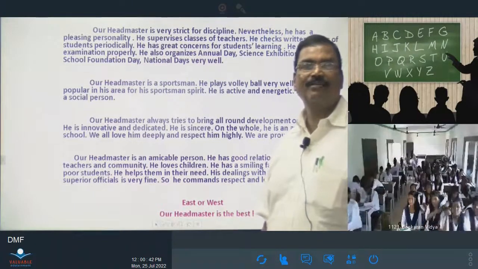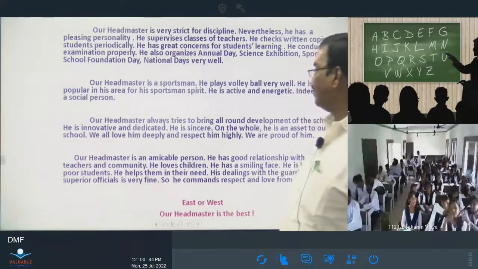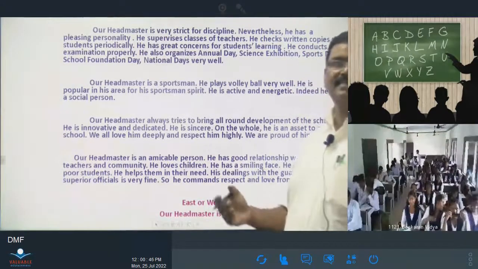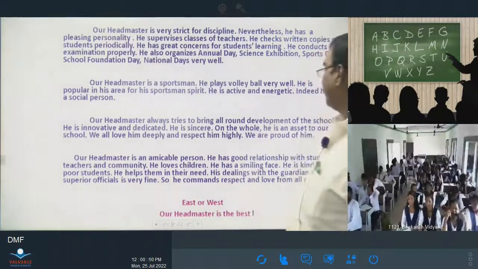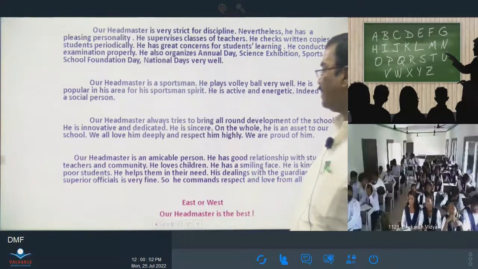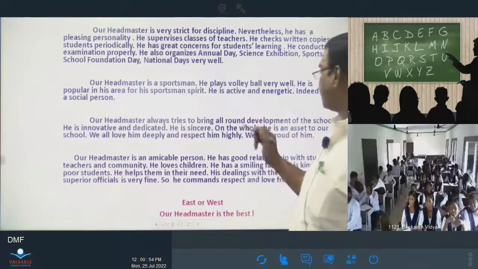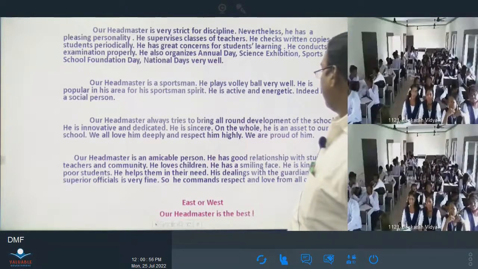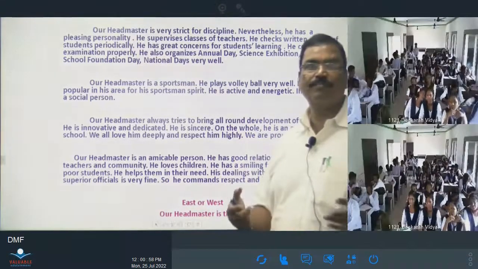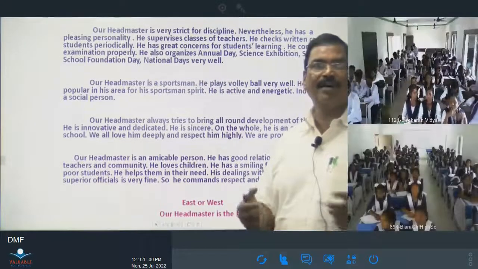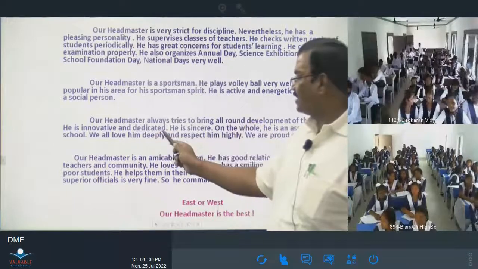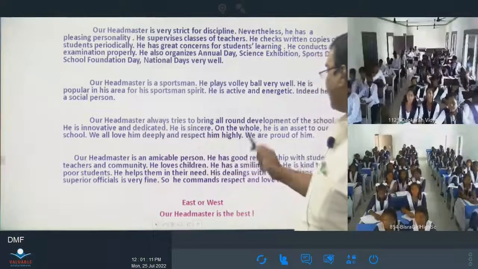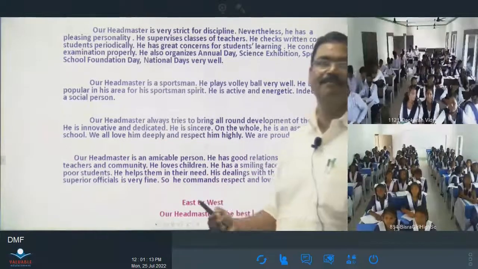Now, dear children, we see here how the headmaster is innovative and dedicated, and how he has great concern for the students' learning. He always tries to bring all-round development of the school. That's why the student writes here, we all love him deeply and respect him highly. We are proud of him.